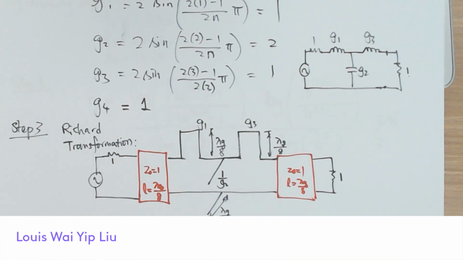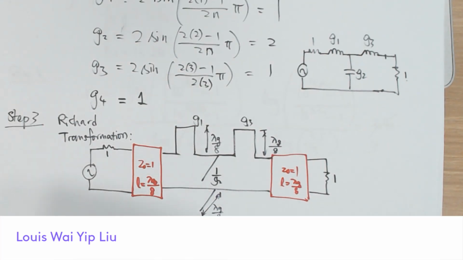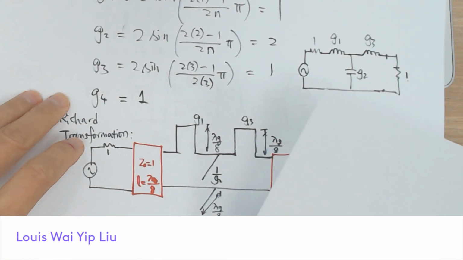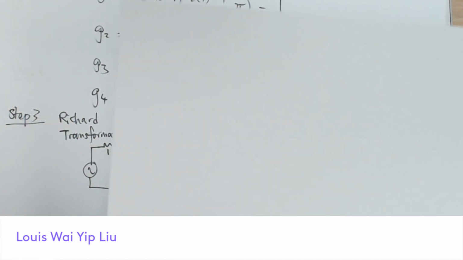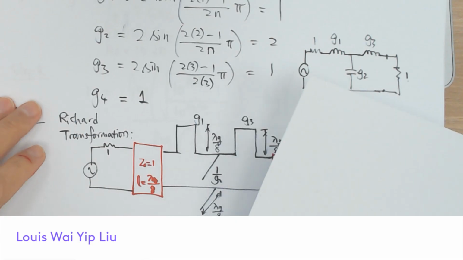So the next step is to replace all the short circuit stubs with open circuit stubs using the technique called Kuroda identities. The identity that we need is identity number 2.